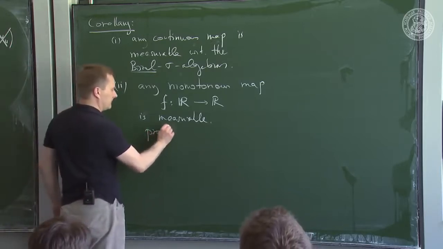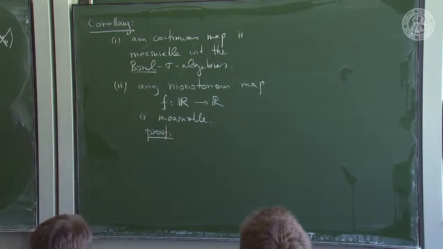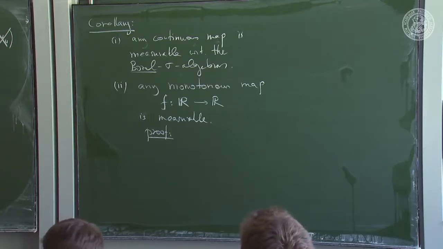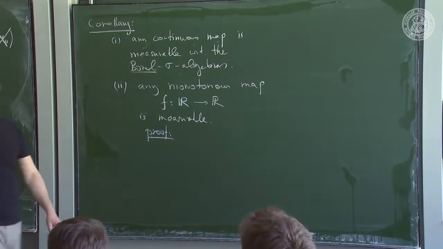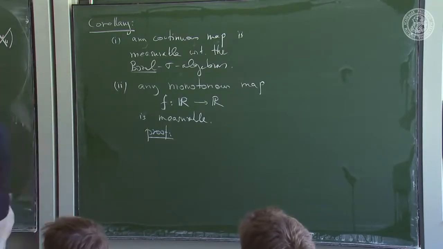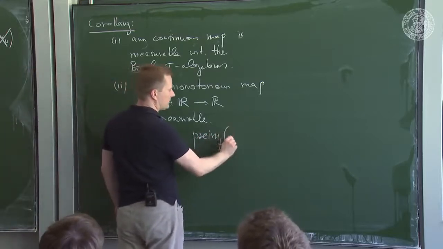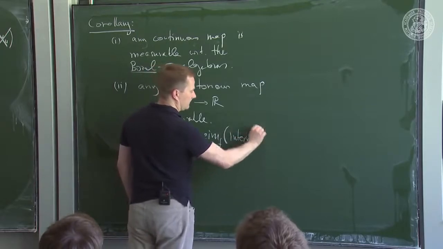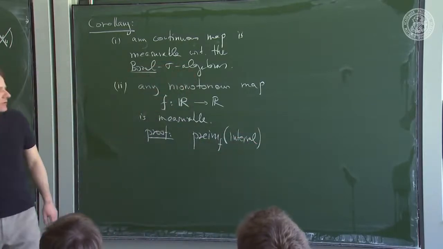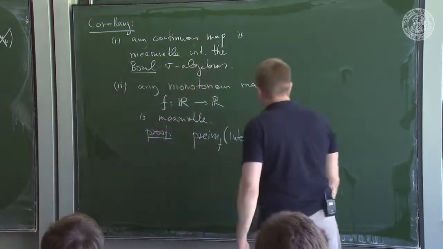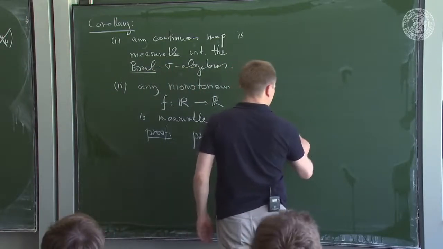Proof. Why is this? Do you have an idea? Open sets. Yeah. Well, so the general hint is that the pre-image of an interval could be anything if it was any map, but for a monotonous map, the pre-image of an interval is an interval.